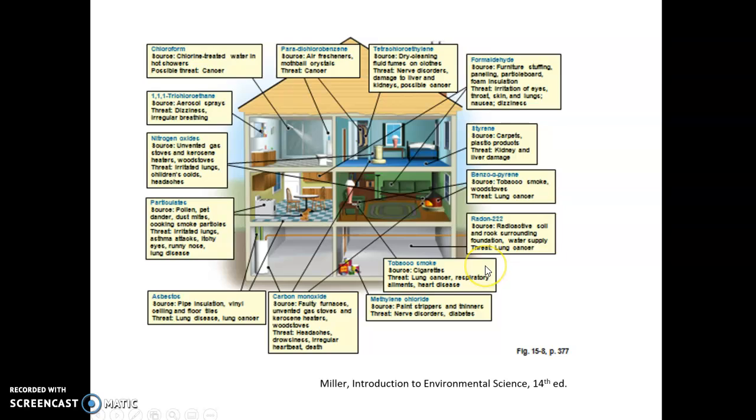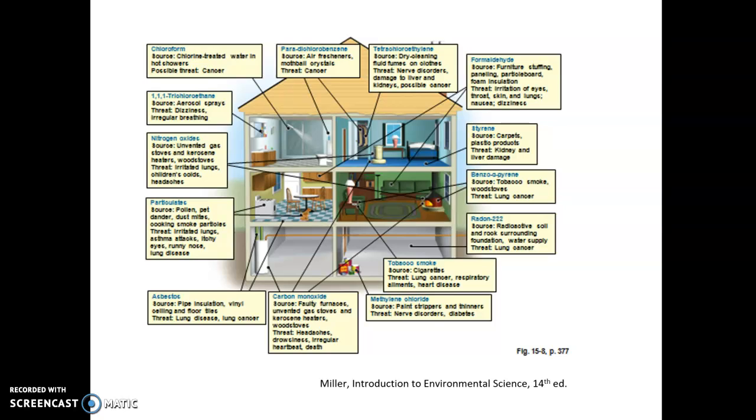Tobacco smoke, we often don't think of that as an indoor air pollutant, but it is. And it may be a cancer-causing or respiratory ailment-causing or heart disease-causing threat to not only the individual who smokes, but to anyone who is exposed to secondhand smoke. Radon I've mentioned.